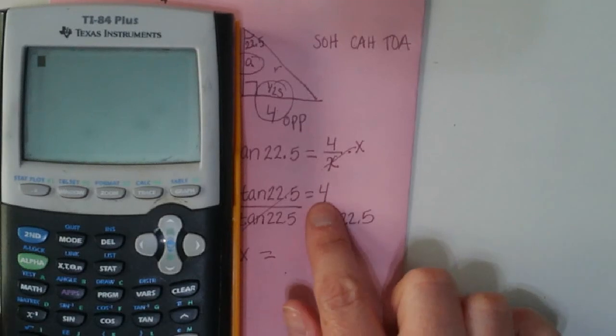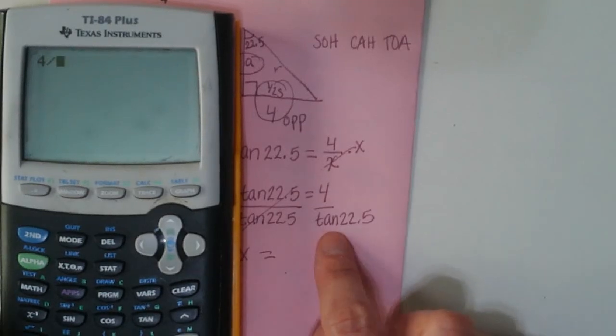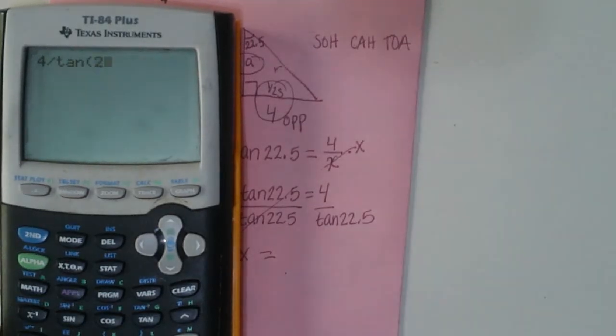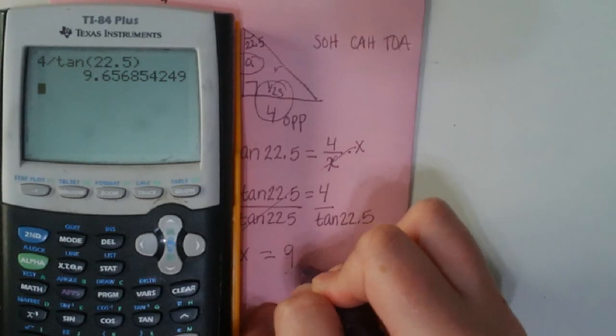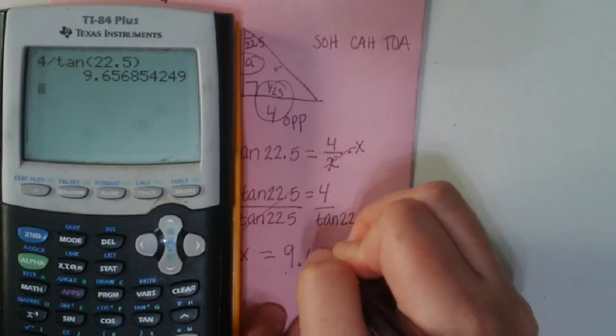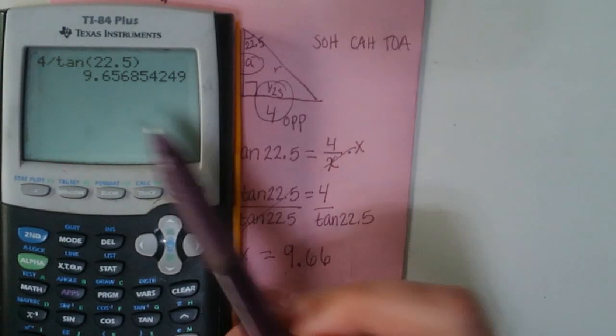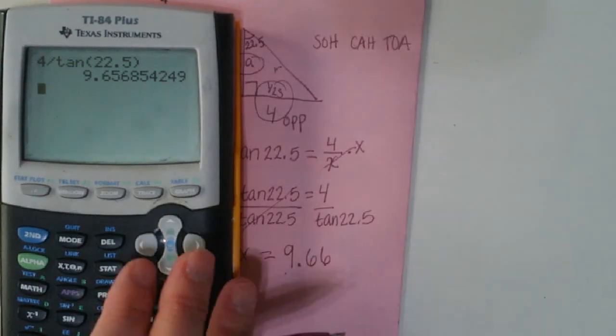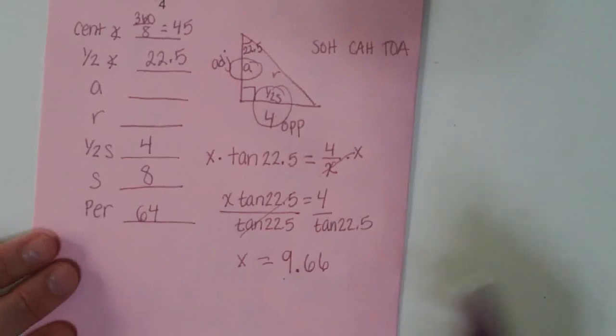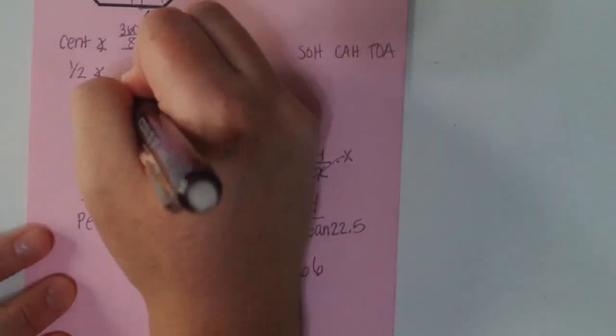So what we're going to do is 4 divided by tangent 22.5. And we get that x is equal to 9 point, I'm just going to do 2 decimal places, so 9.66 because it's 5, 6, so it rounds up to 9.66. So that is my apothem.